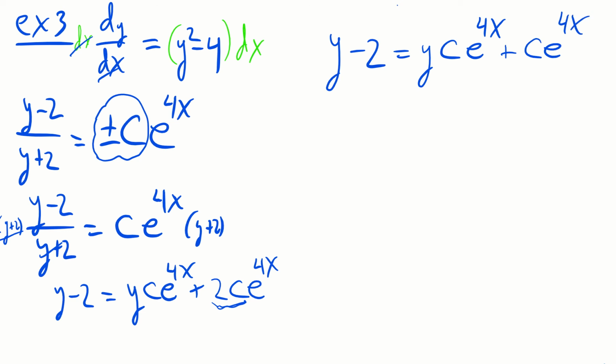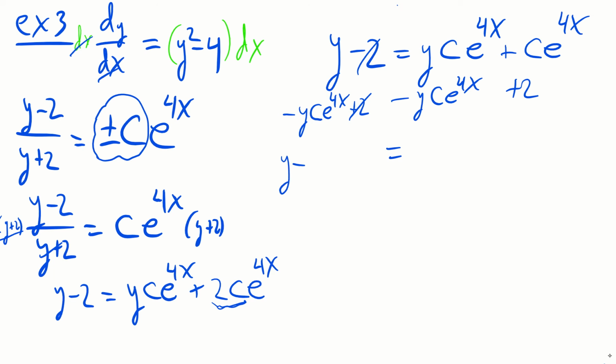We would like to bring all of our y terms to one side and all of our non-y terms to the other side. So let's subtract y c e to the 4x from both sides. And let's also simultaneously add 2 to both sides. So what we're going to have, here's my equal sign. These cancel.